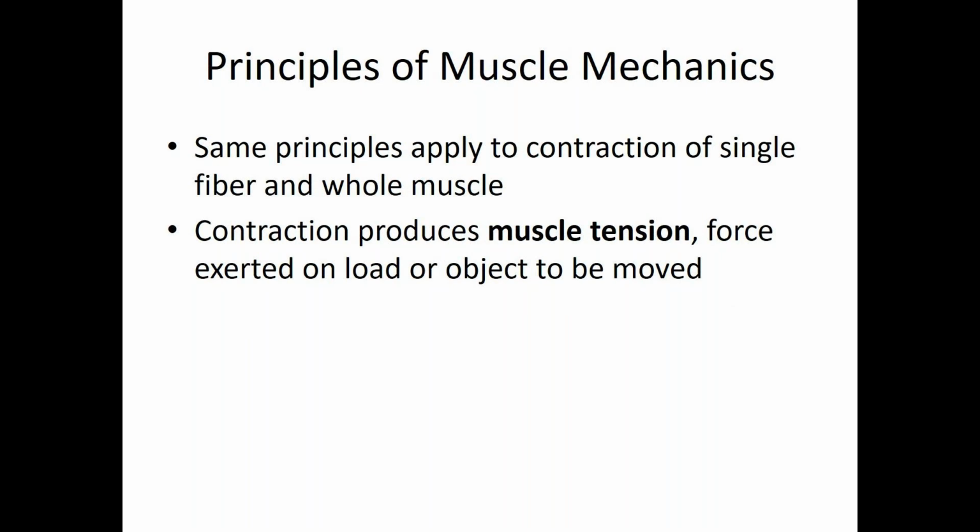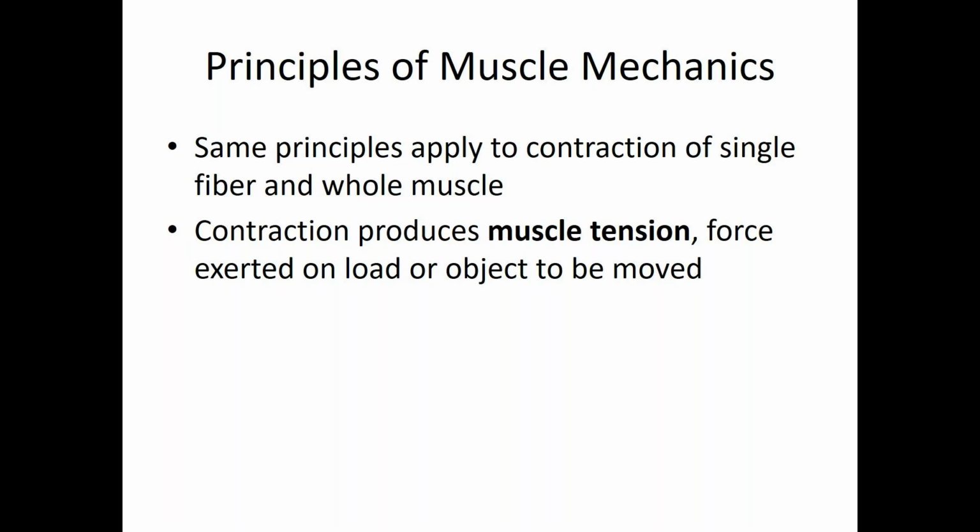So the neat thing about how muscles work is that essentially if you understand how one muscle fiber contracts, you understand how the whole muscle contracts. Okay. The basic principles of contraction here basically just scale up. Okay. And what we're doing here through a contraction is we're generating a specific kind of force called muscle tension. Okay?